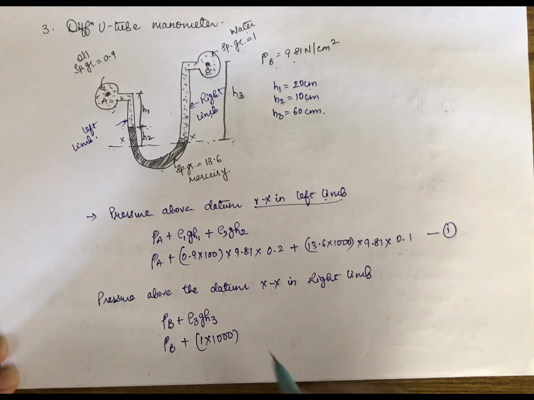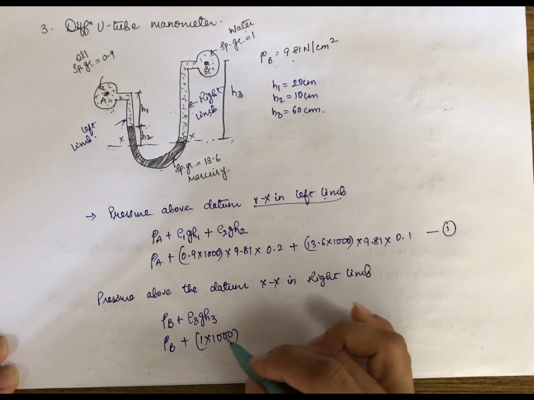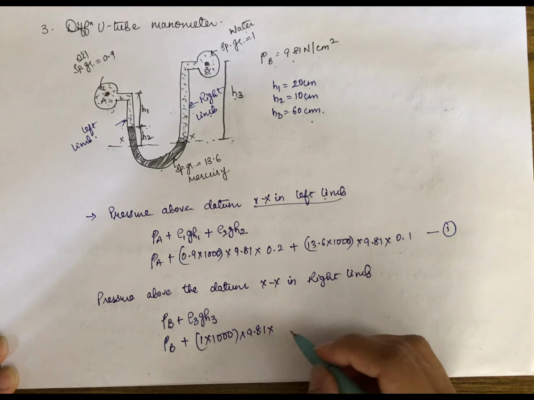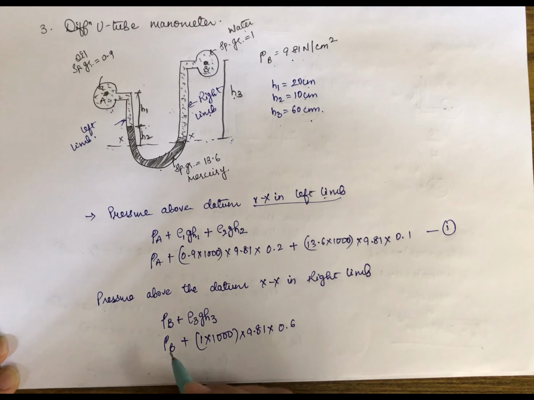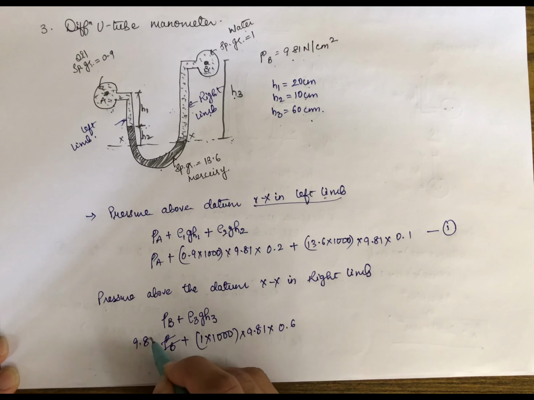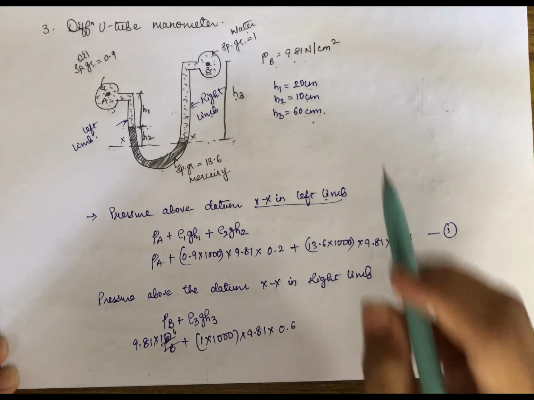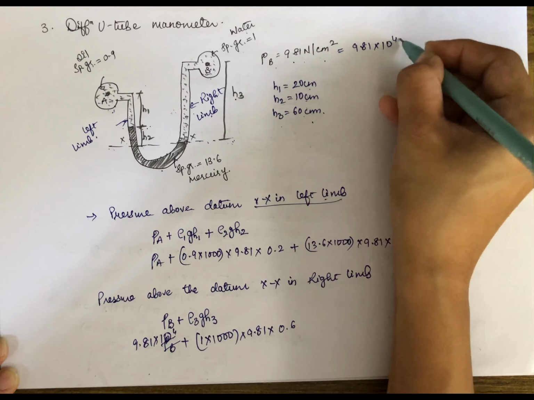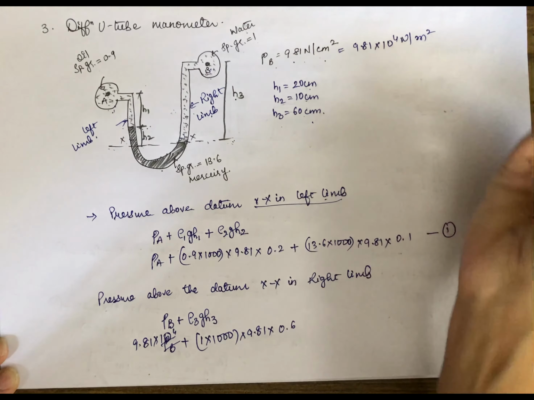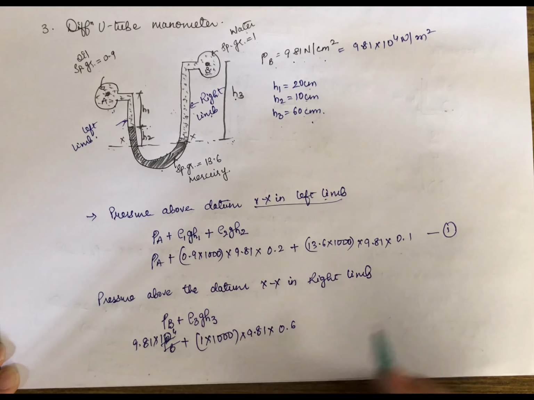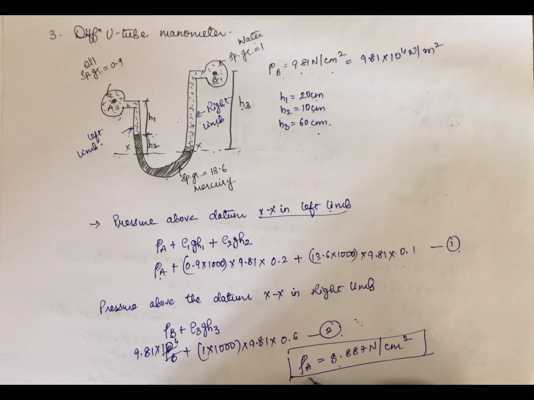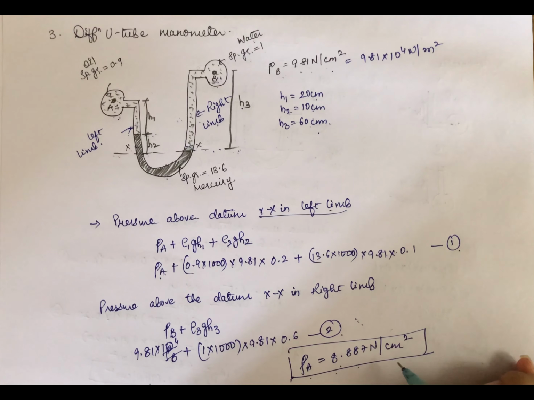So, 1 into 1000 into 9.81 into the height of column H3, which is 60 centimeter, that is 0.6 meter, and the value of PB I can write as 9.81 into 10 raised to 4 Newton per meter square, because the value which is given is in centimeter. Okay. So, solving equations 1 and 2, the value of PA will be 8.887 Newton per centimeter square.